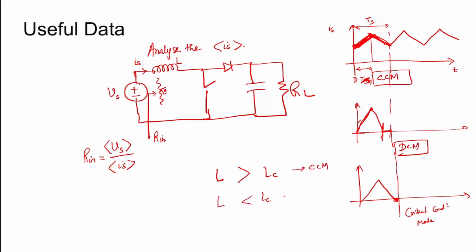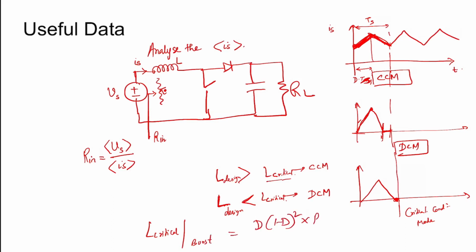If L is less than that critical value, obviously it will not have that much capacity to store the energy and it will discharge earlier, so it will lead to discontinuous conduction mode if the inductor L used in this converter is less than the critical value of the inductor. So L critical for boost converter is given by D into 1 minus D whole square multiplied by RL multiplied by time period of switching divided by 2. This is the formula you need to remember.